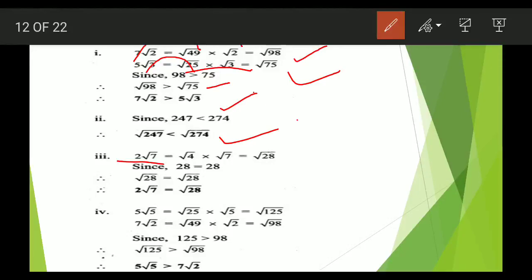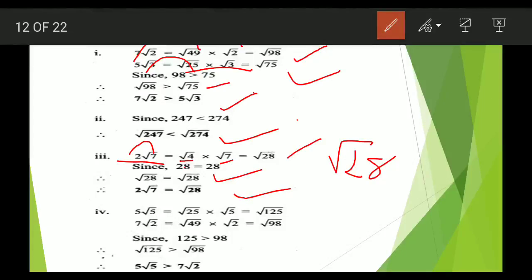When I bring 2 inside the root, the square of 2 is 4. 4 multiply root 7 will become 7 4s are 28. The other value is root 28. Both the numbers are same, root 28, therefore both are equal.